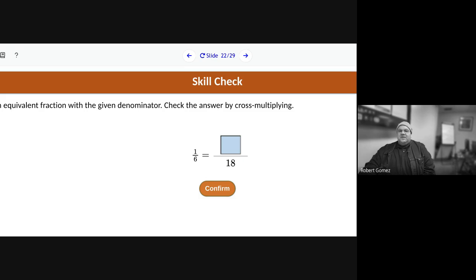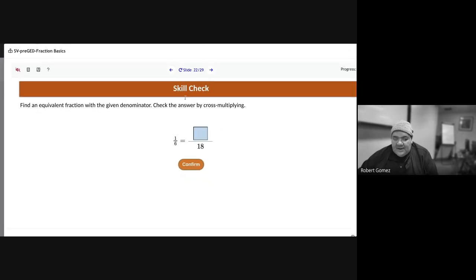Okay, so let's take a look at this. We can find our answer. I'm going to work this, and then we'll check if it's the same thing. We're going to take 1/6, and I'm going to put my equation here: the denominator I want to get to is 18.